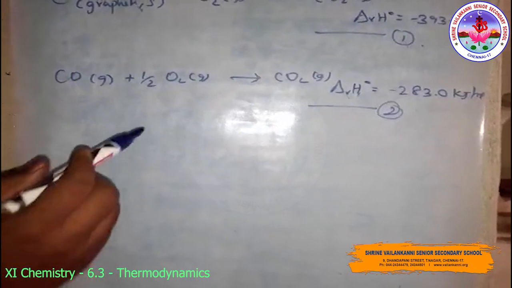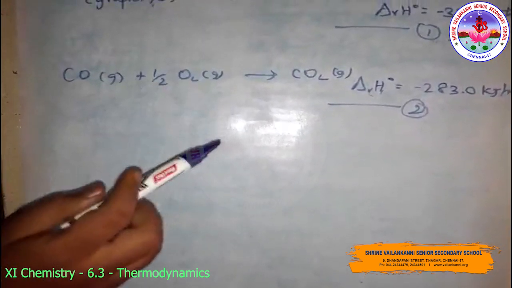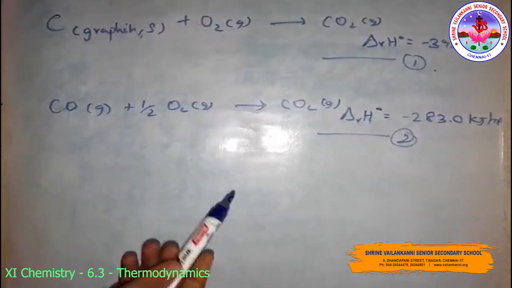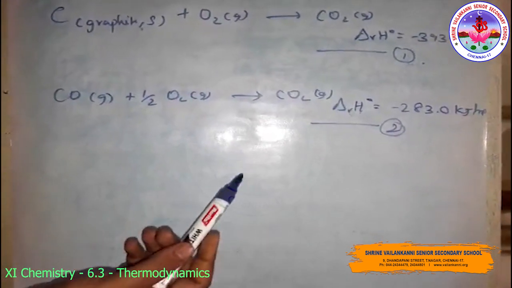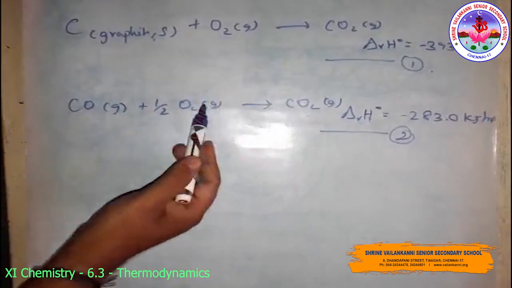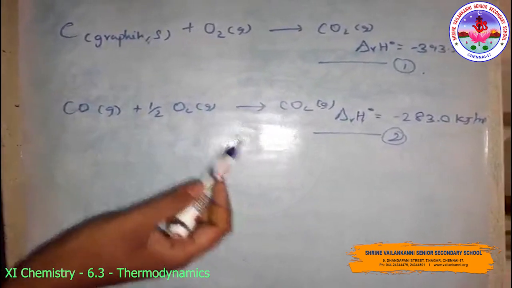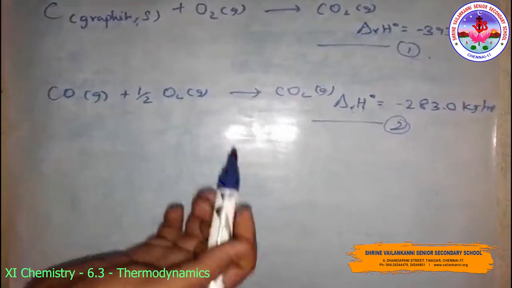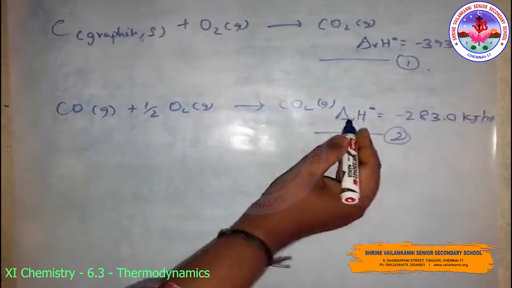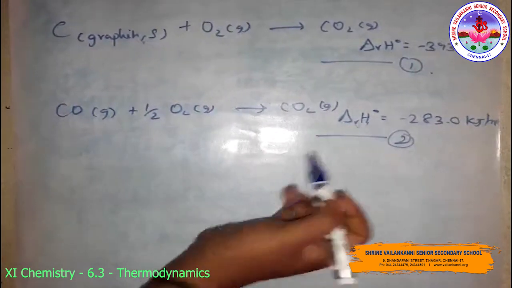We combine the two reactions in such a way that we obtain the desired reaction. That means to get 1 mole of carbon monoxide on the right hand side, we reverse the equation. When reversing, heat absorbed becomes heat released, so we change the sign of delta R H naught.